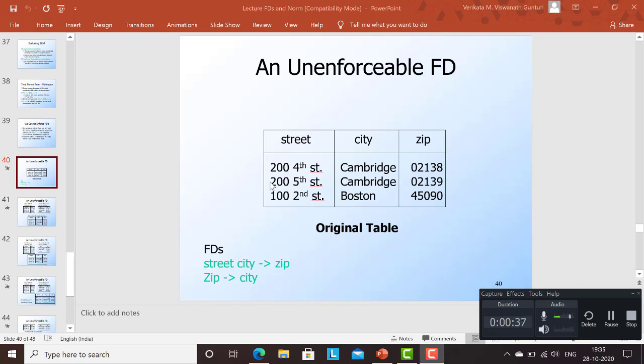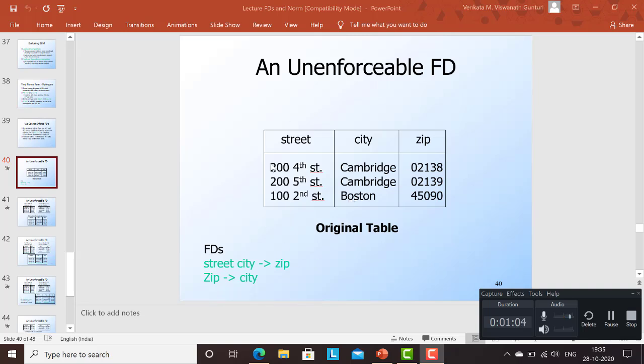So the combination of street and city can uniquely tell you the zip code. The second FD is that zip code also uniquely tells you the city, right? Any given zip code belongs to only one particular city.